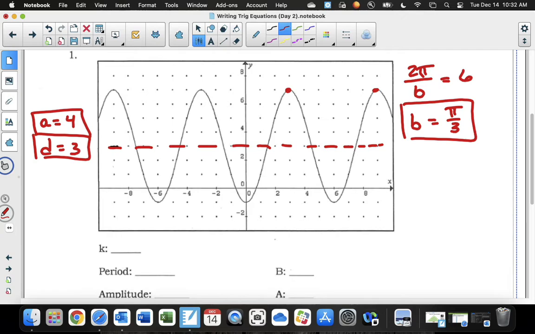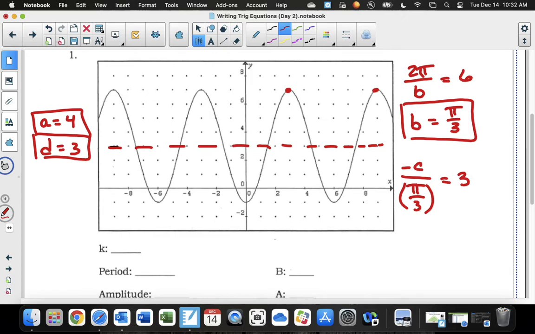So phase shift is the opposite of c divided by b, which we just found is pi over 3. So I'm going to put that in. That equals our phase shift, which we said was 3. Like I said, if you used a different maximum, then it might not be 3. It might be negative 3. It might be 9. It all depends on which maximum you used.